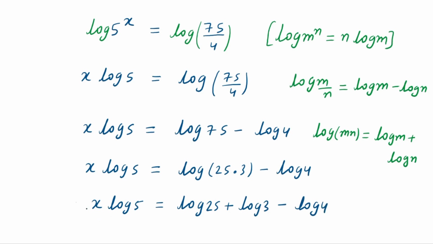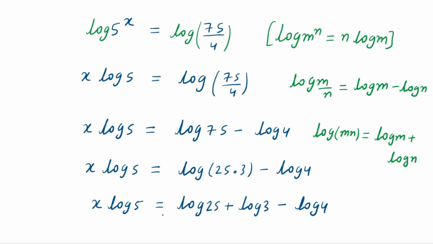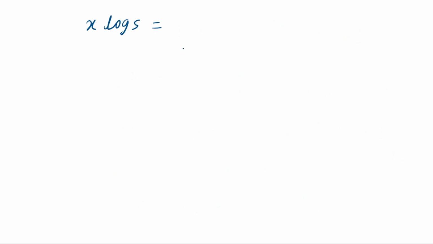Now on the left hand side, x times log 5, and this is equal to, on the right hand side, log 25, and we can write this 25 as 5 power 2. So here log 5 power 2 plus log 3 minus log 4.